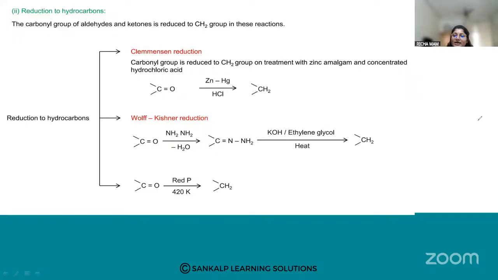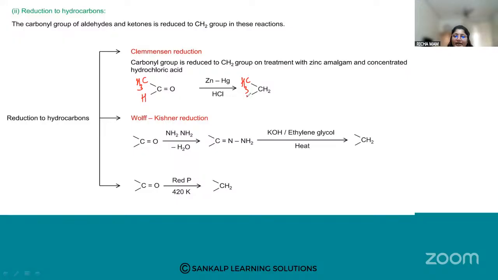So let us see an example. Let me take an aldehyde and a ketone. For Clemmensen reduction, let me take acetaldehyde. Acetaldehyde is CH3CH double bond O. In the presence of zinc amalgam and concentrated HCl, what am I going to get?